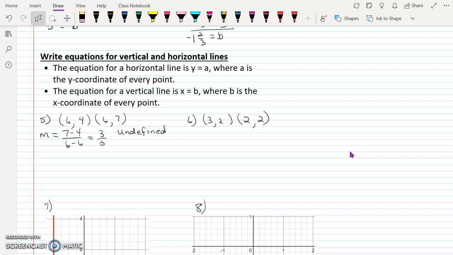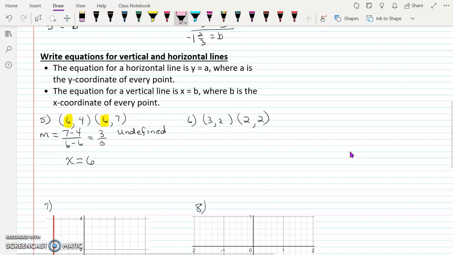The equation of a vertical line is x equals b, where b is the x-coordinate of every point. When I go back up here and look, I notice that the x-coordinate of every point was 6. So my equation for this line is x equals 6.